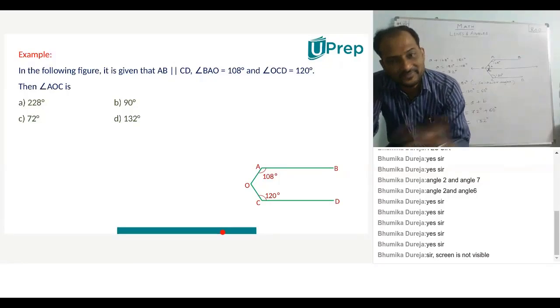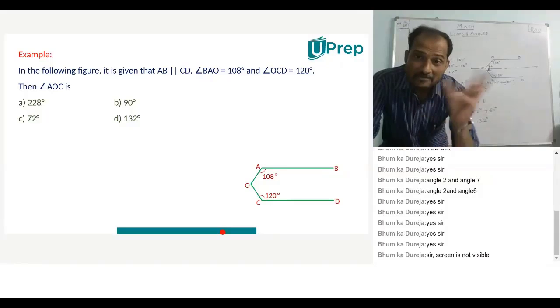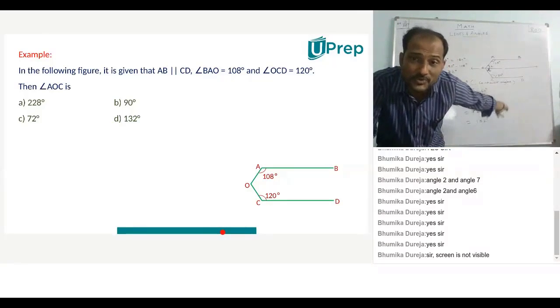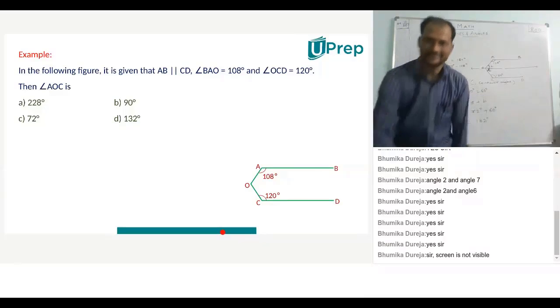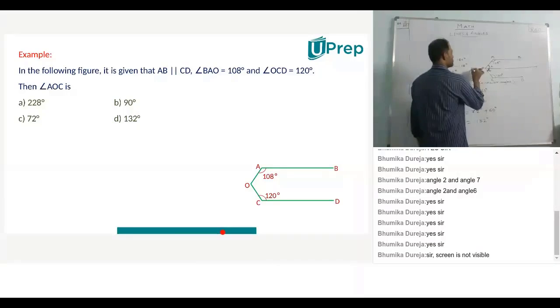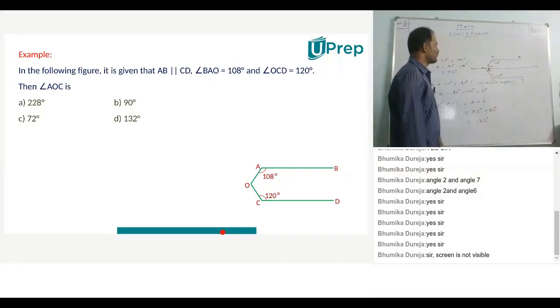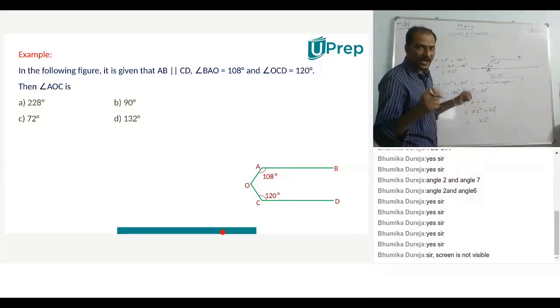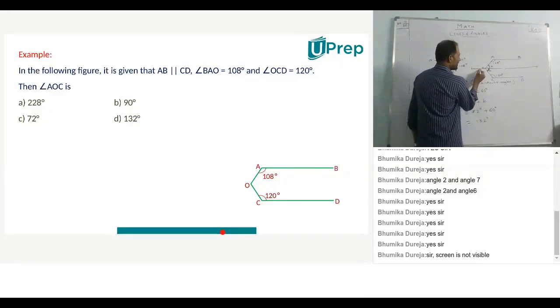Yes, sir. Right. Then the point arises: how did you get the answer, 360 minus the sum of these two will be equal to angle AOC? Yes, sir. So we will use the formula, sir, that angle OCD equals angle POC equals 120 degrees, which is alternate interior angles.